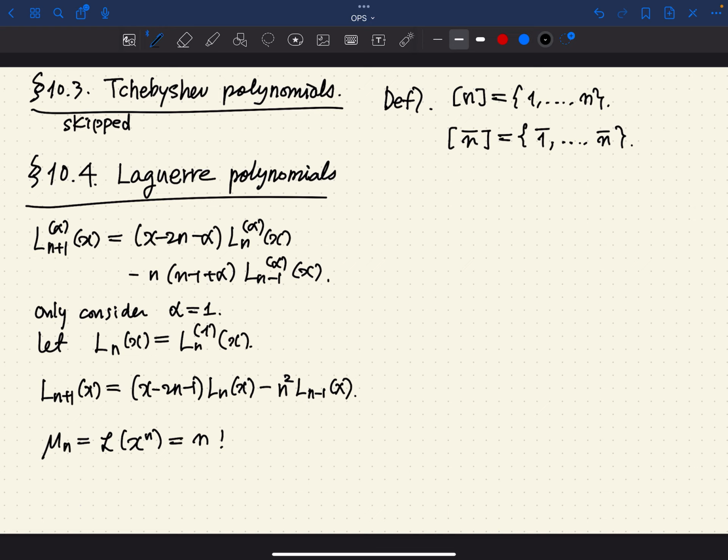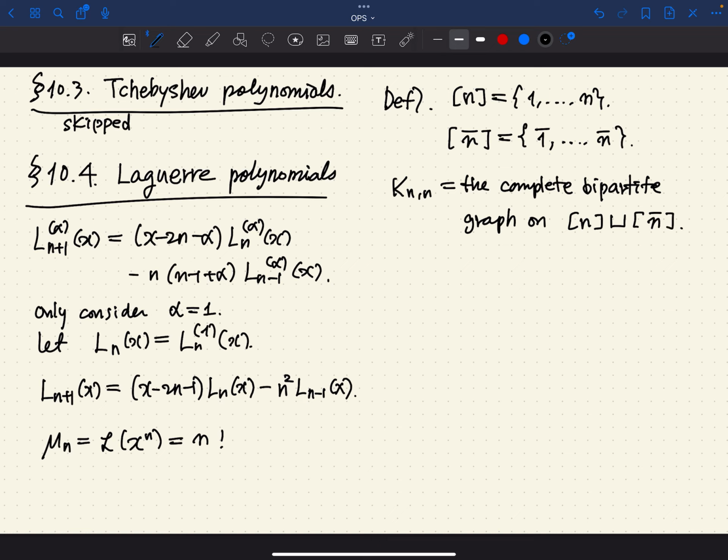And K_{n,n} is the complete bipartite graph on the disjoint union of these two sets.